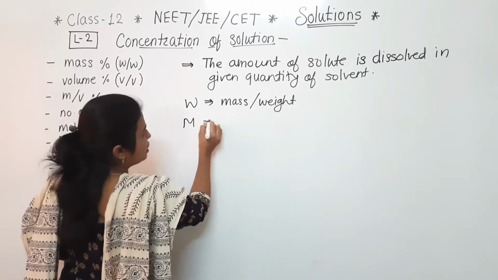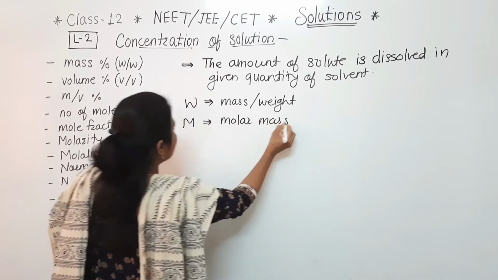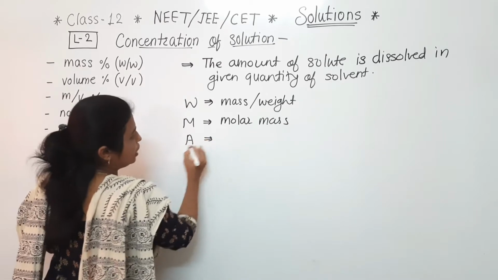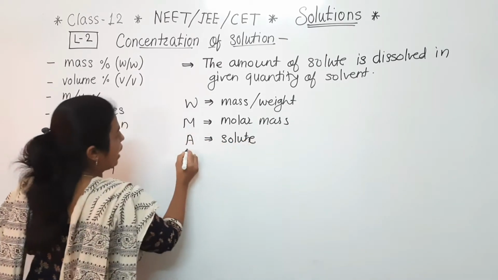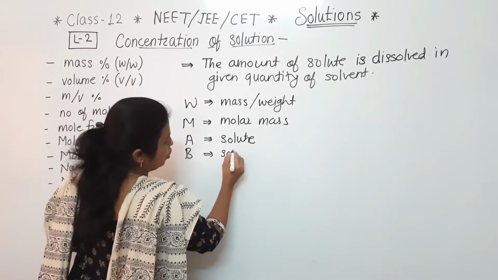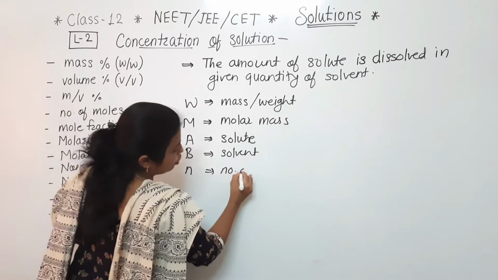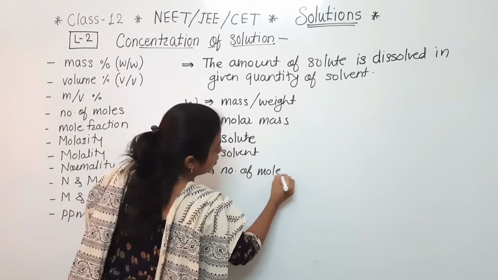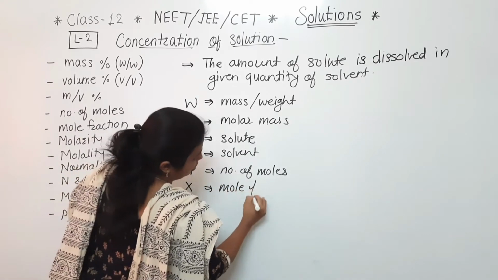Second one, capital M. It is for the molar mass. Next one, A we are using for the solute and B for the solvent. Small n, it is for the number of moles, while X for the mole fraction.